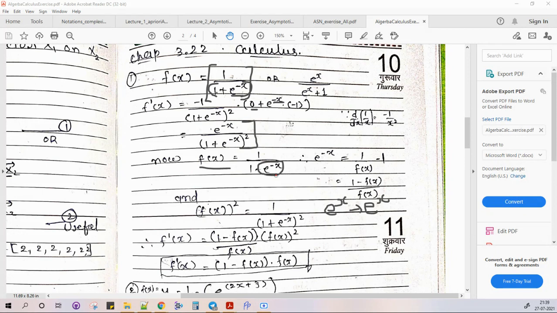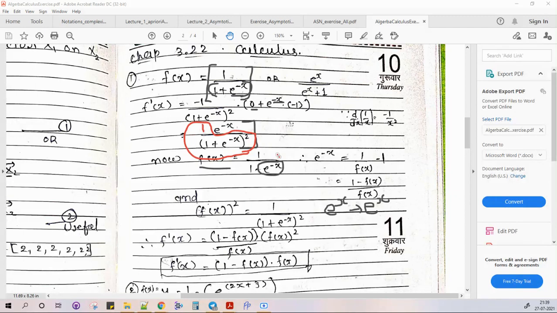Now there are many ways you can do it. You can divide this into two parts and then put in the value of f of x, or you can follow this. So f of x square is nothing but 1 divided by 1 plus e to the power minus x square. Why am I doing this? Because I have this term here, which is 1 divided by this, so it is f of x square.